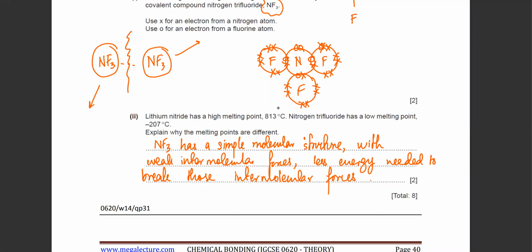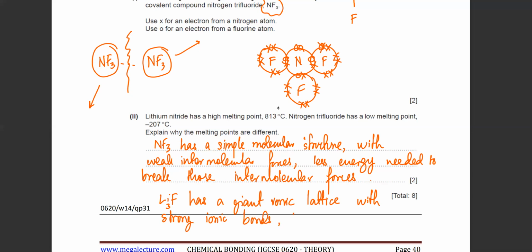So the other way around was that lithium fluoride has a high melting point because it has a giant ionic lattice with strong ionic bonds.